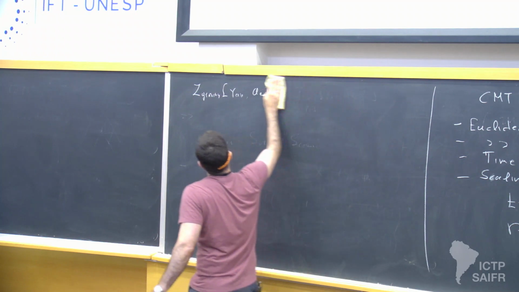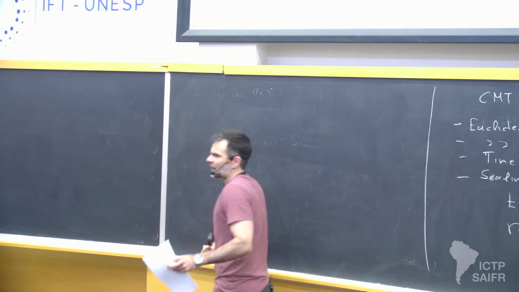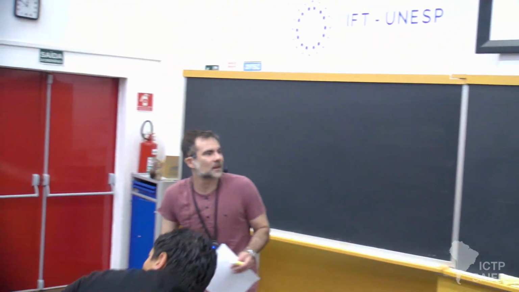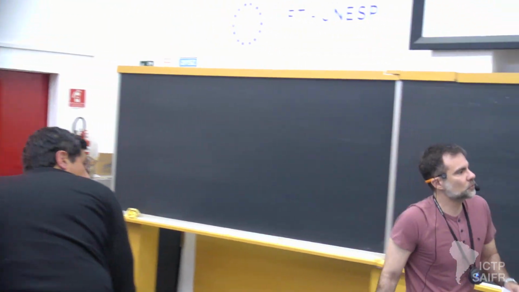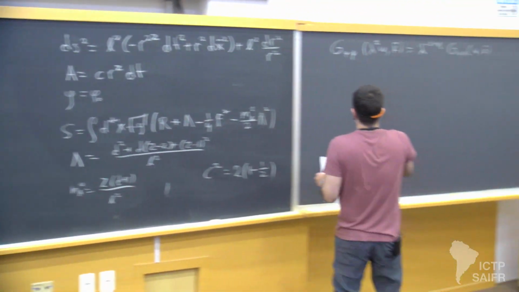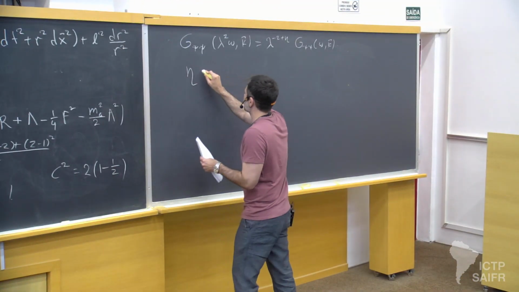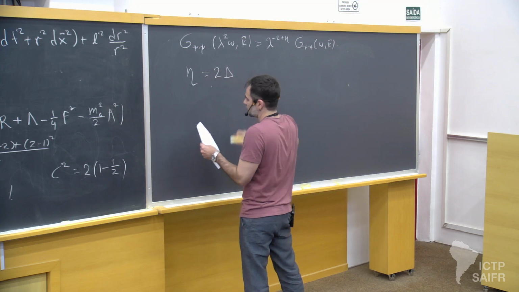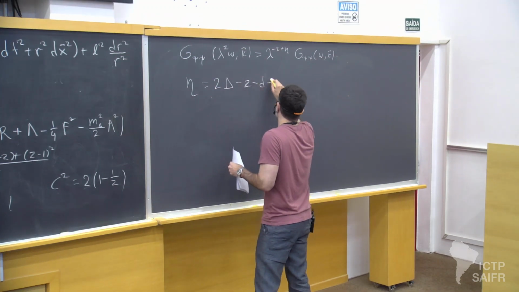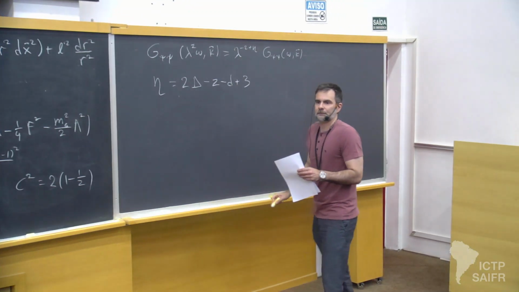However, to do this problem, you really need to start adding counterterms. Oh, it's -2 plus eta. And eta is related to the dimension of the operator psi in this way. It is 2 delta minus z minus d plus 3.